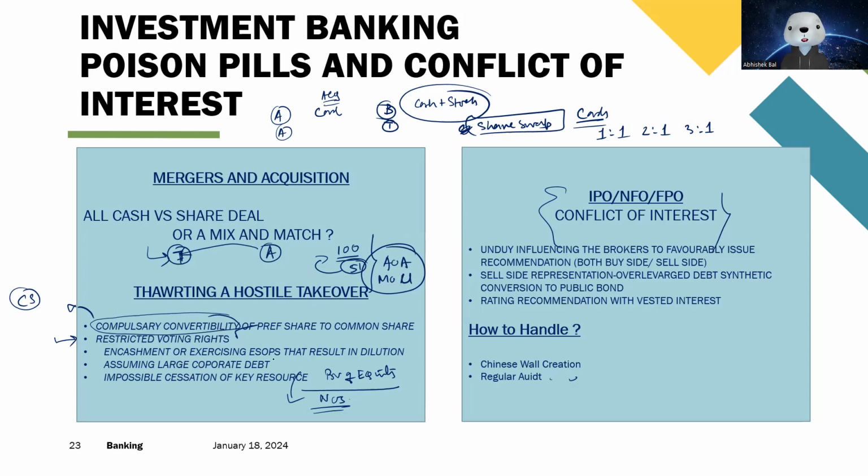Encashment or exercising of ESOPs that results in dilution, yes. The ESOPs or the employee stock options, the warrants, these are dilutive instruments. So a deal could be struck, or an arrangement can be made, such that if the company faces any sort of takeover threat, the ESOPs will be immediately exercised or deemed to be exercised, basically to ensure that the number of shares increases.